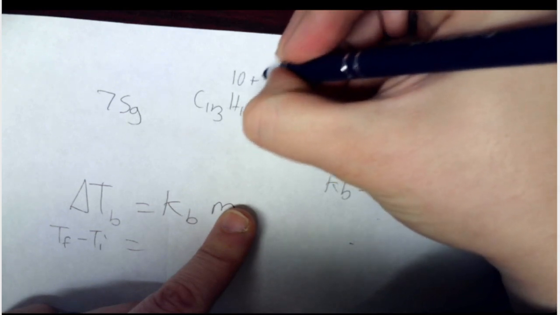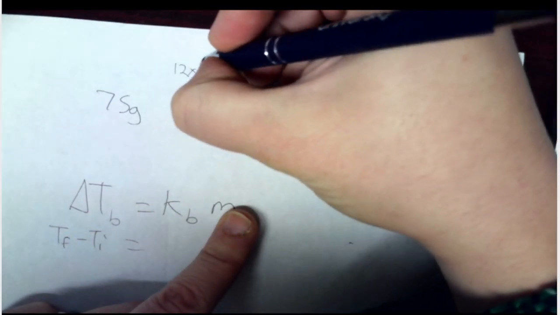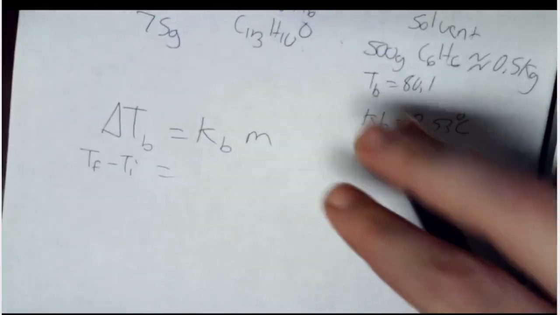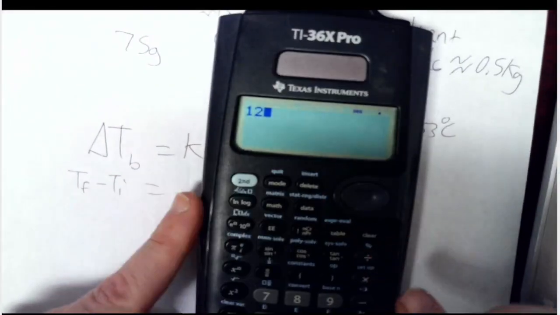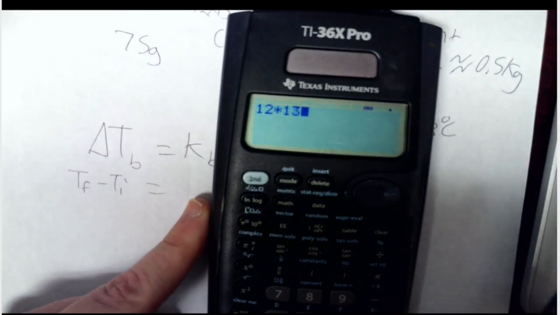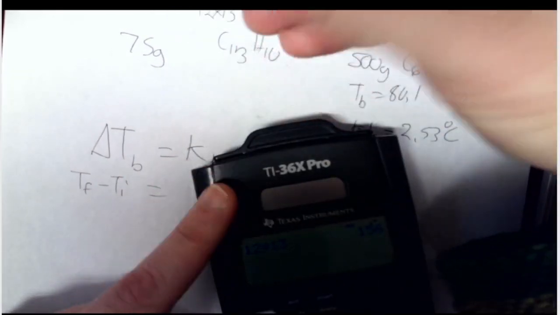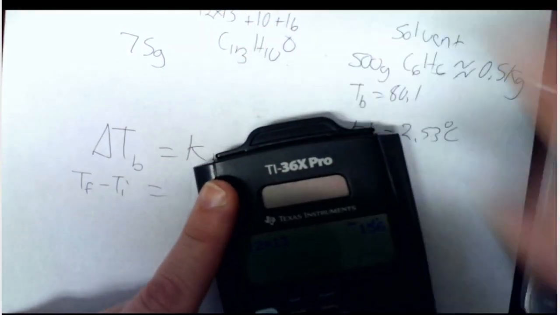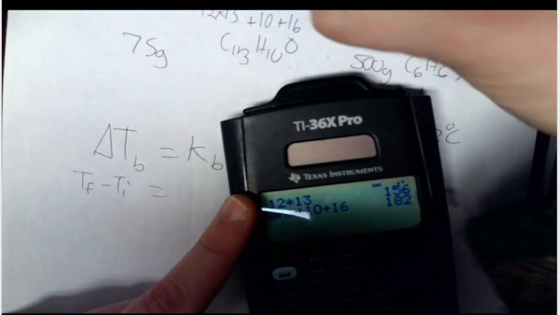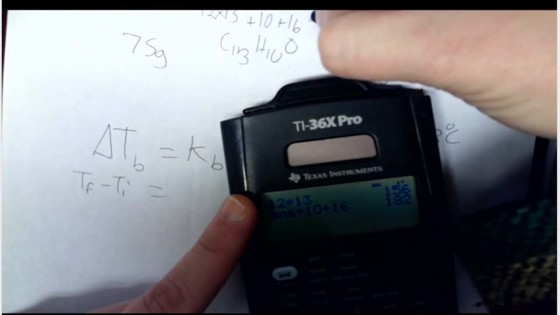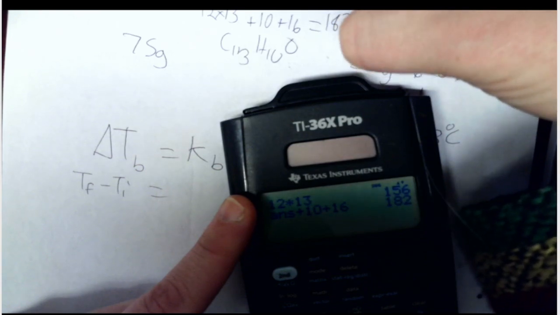We just need to find out what is our molar mass of this. So 10 plus 16 plus 12 times 13. So what is our molar mass of this? 12 times 13 is 156. Plus 10 plus 16 is 182. 182 grams per mole.